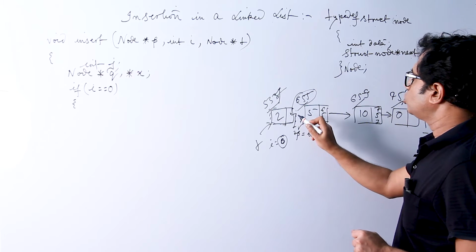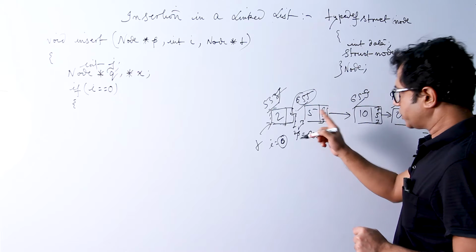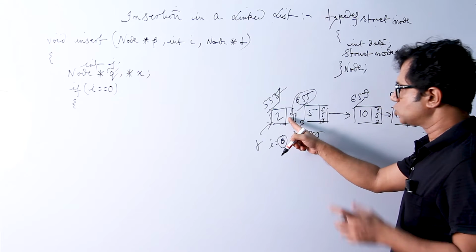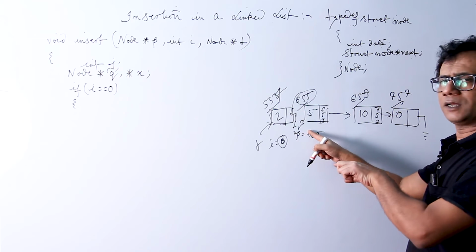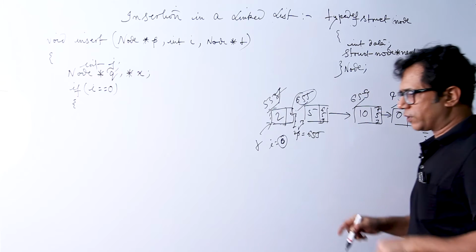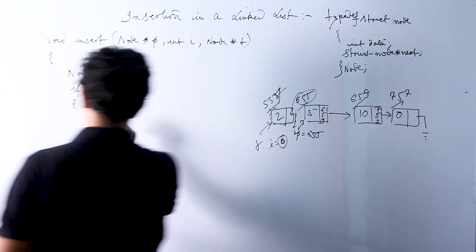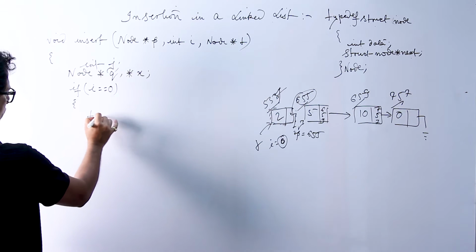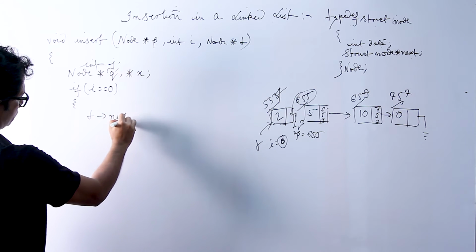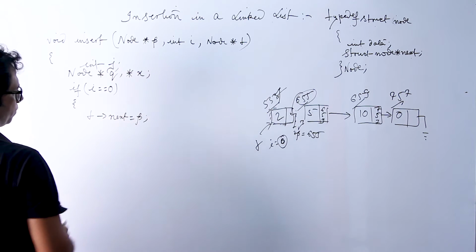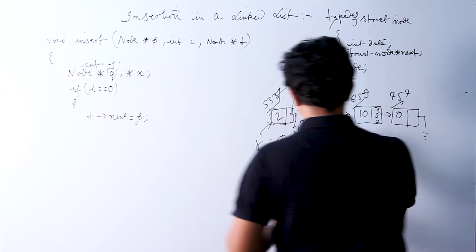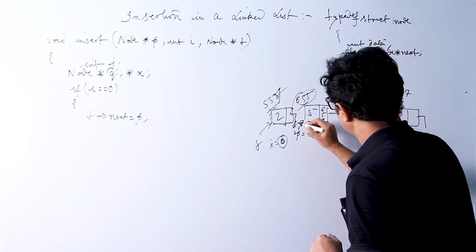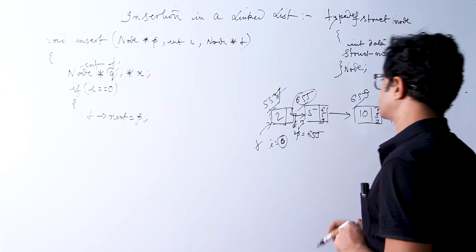But now I have to do one operation so that this 655 comes over here. So T next will become nothing but P. So I will write like this, T next is equal to P. T next is equal to P means this null pointer goes off and this is linked with this one.